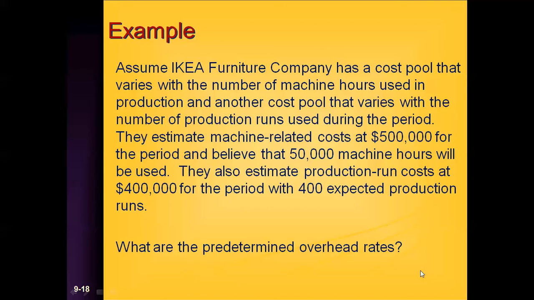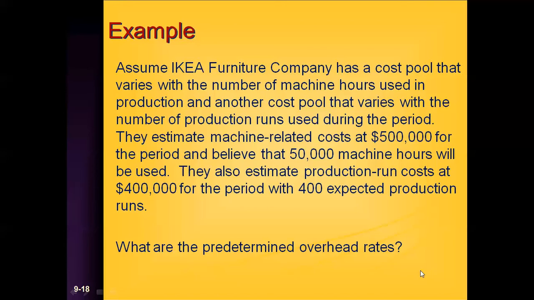And so we talked about these cost pools, and they have cost pools that vary with the number of machine hours that are used in production. And they have another cost pool that varies with the number of production runs used during the period.